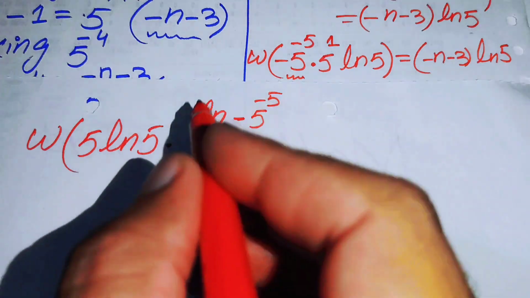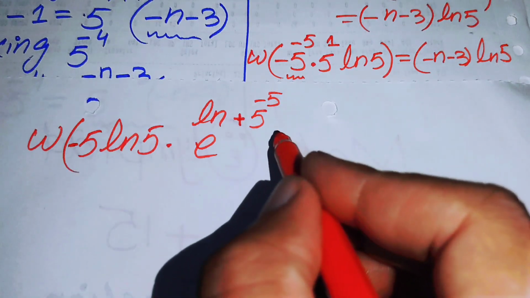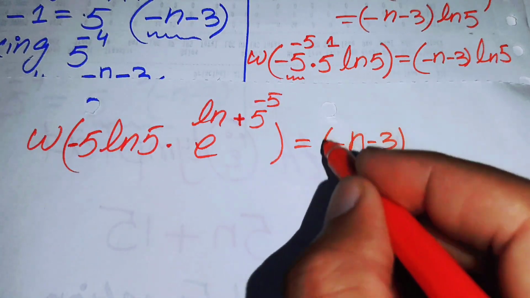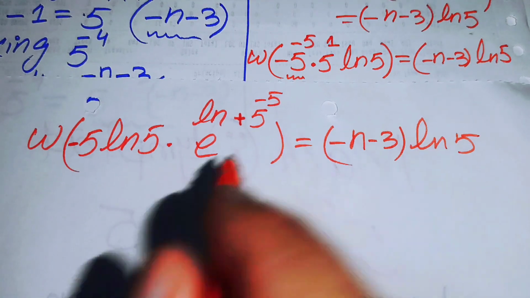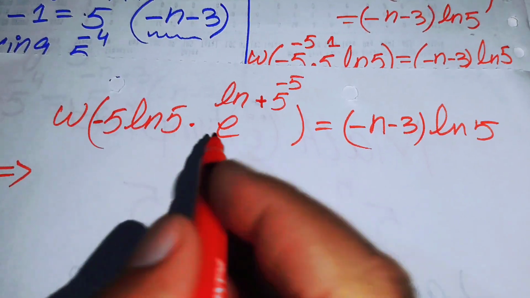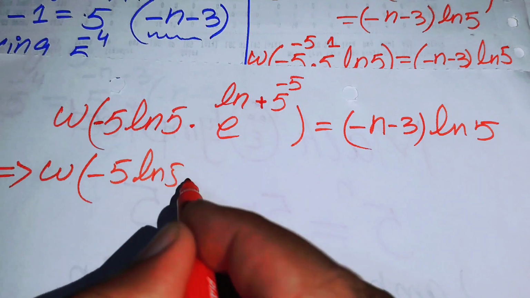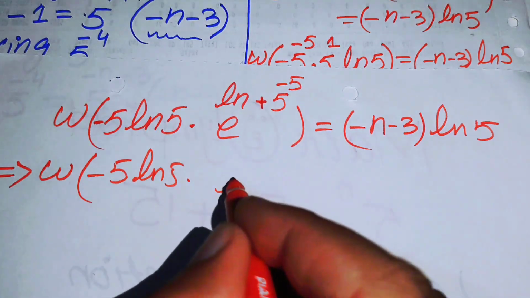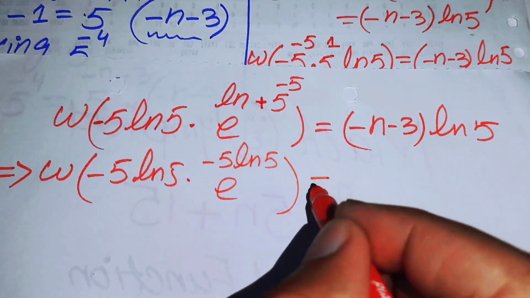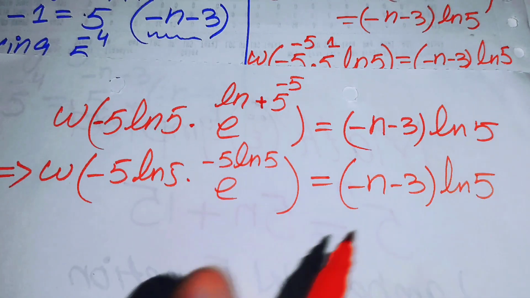The right hand side is equal to minus n minus 3 into log of 5. Here you can see that we can apply the logarithmic property in this exponent, and you will get e to the power of minus 5 times log 5, and this whole is equal to minus n minus 3 times log 5.